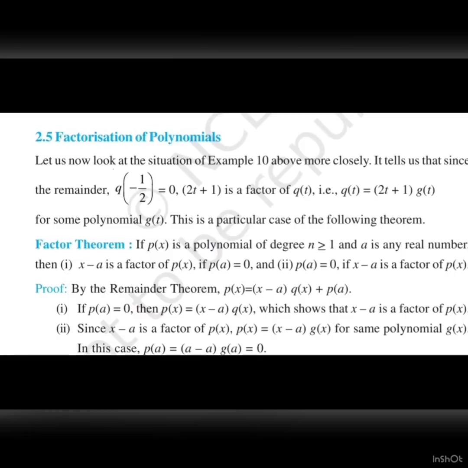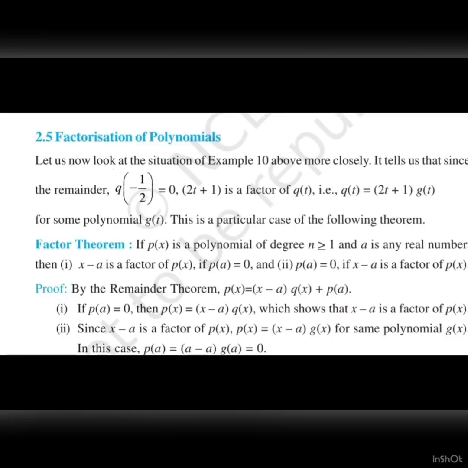Now point number 2. We are given x minus a is a factor of p(x), and we have to prove p(a) is 0. Since x minus a is a factor of p(x), p(x) can be written as (x minus a) into g(x). It means we are writing p(x) as a product of two factors. One is x minus a and the second factor is g(x).